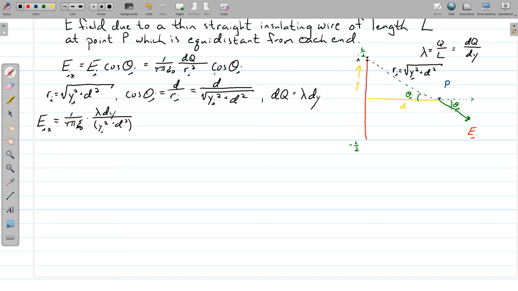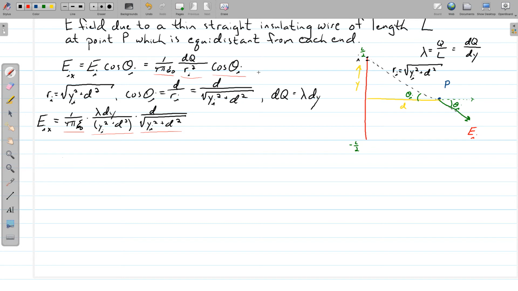And then finally, that is times cosine theta, and cosine theta is d over the square root of y sub i squared plus d squared. So, make sure you know where all this came from. This guy is this guy right here. This factor is this one. And finally, this guy right here was cosine.